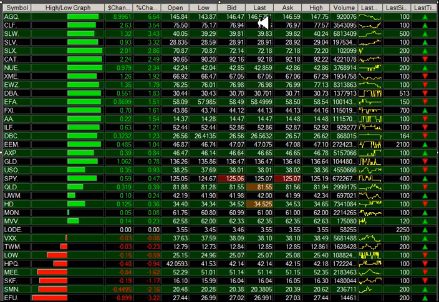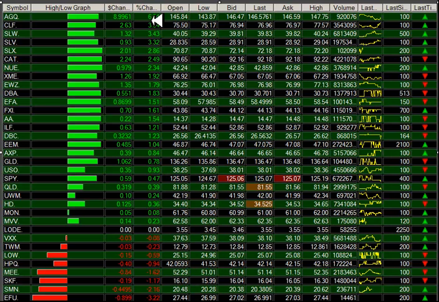So I like watching that. And then just to the left of that, I like to see the low of the day and then the high of the day. And that gives me some numbers that correspond to where price is within the high and low. So a nice visual representation that gives me a sense of power and strength, and that's dynamic with each last trade. And then also I can see the numbers over in here.